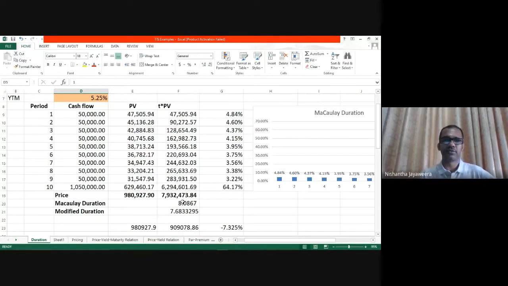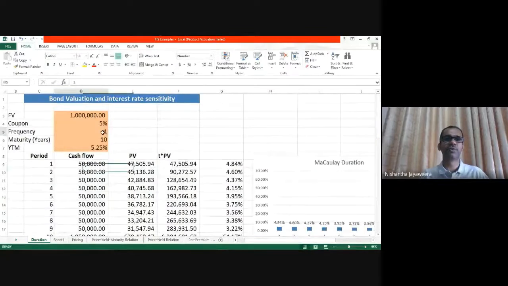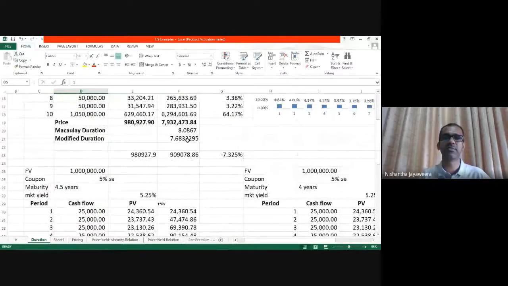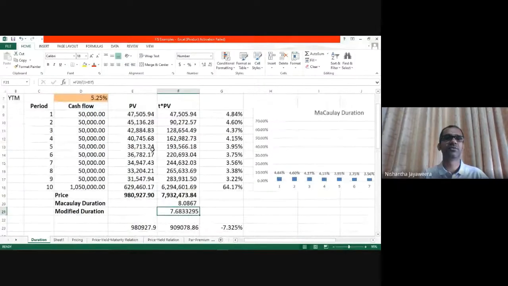Okay. So we calculate the Macaulay duration. Once we have it, to calculate the modified duration, we divide the Macaulay duration by 1 plus y. In this instance, since the coupon frequency is 1, it is just 1 plus D7, where D7 is the yield to maturity.